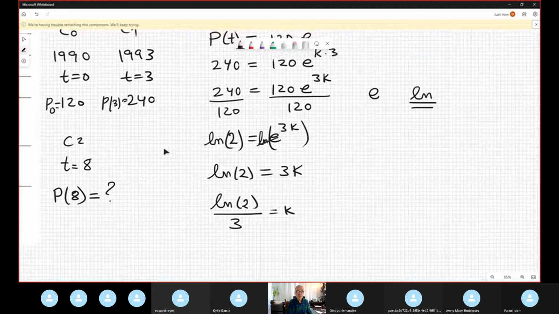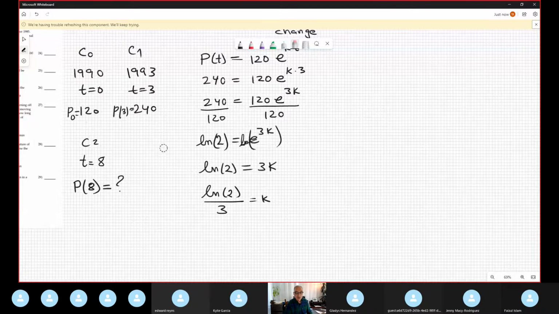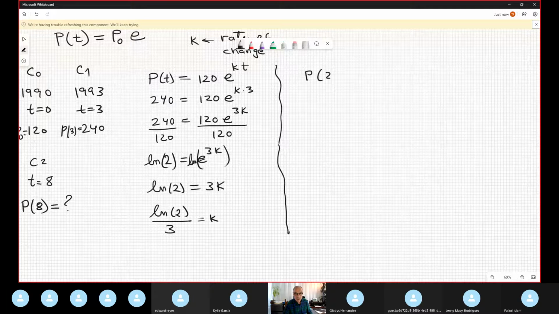But I'm using the same formula. Okay, let me organize the problem. I'm using the same formula, but I try to compute the population at 8 years later. It's equal to 120 e to the k, but k I have in my hand, that value.